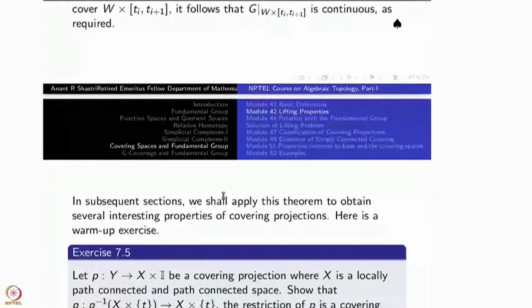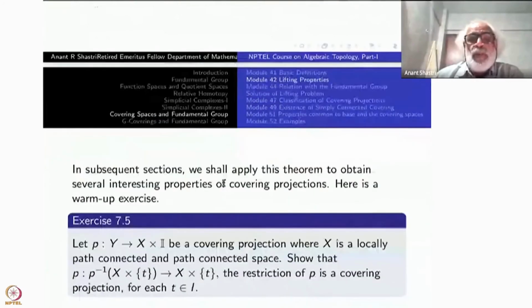So let us go to a little bit of exercise and so on. What we are going to do in subsequent sections is, this theorem will be applied again and again. Okay, and then we will produce a lot of interesting results.